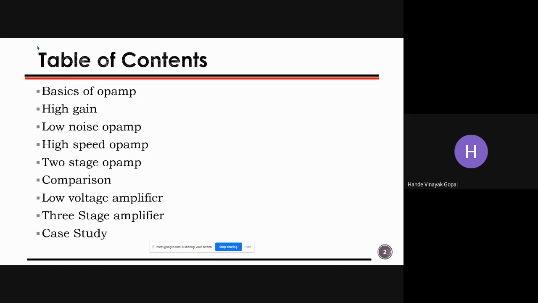Okay, then we'll quickly go through the basics of op amps. Before proceeding ahead, I'll not make that much difference between OTA and op amp.